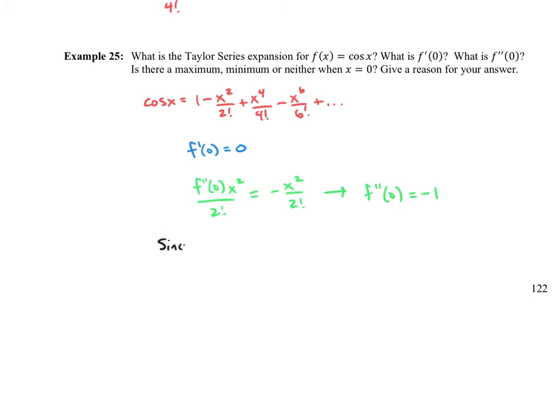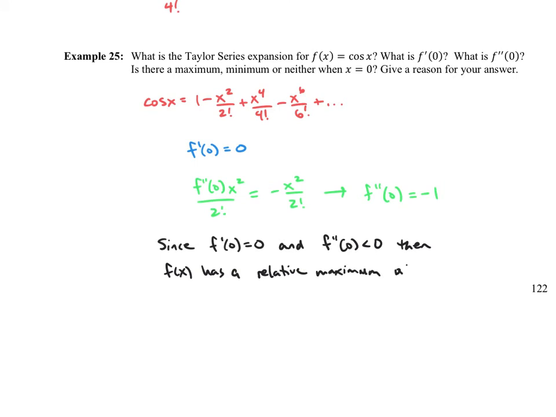So since the first derivative at 0 is 0, we know that's a critical point by definition, and the second derivative at 0 is less than 0, it's -1, then f of x has a relative maximum at x equal to 0 by the second derivative test.